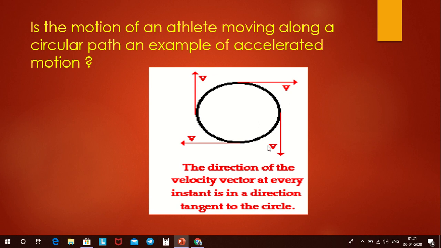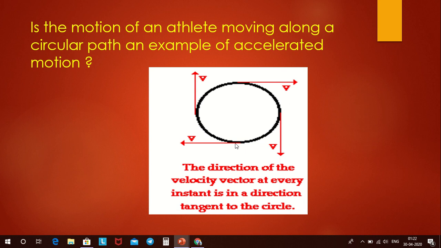The answer is very simple. The direction of the velocity vector at every instant is changing. So when the velocity of an object changes, it is said to be an accelerated motion. Here you can see, or you can imagine, the speed of the object is the same, but the direction is changing at every point.